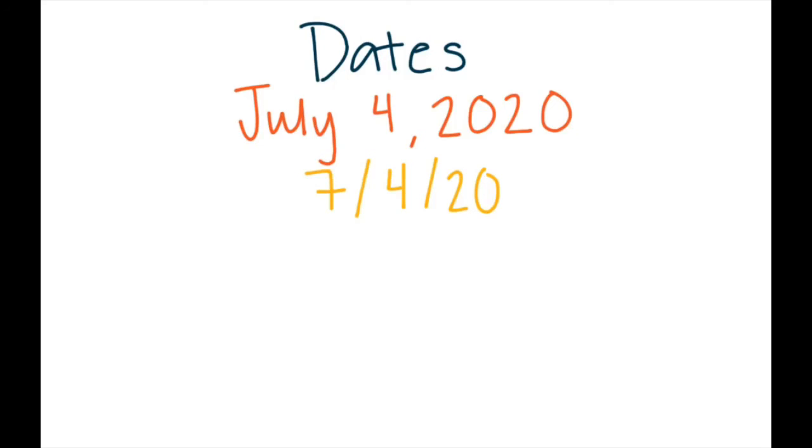Another way that July 4th, 2020 can be written is by shortening the first word, the month, and writing JUL for July, 4/20. Another way that the expiration date can be written is where you put the day first.